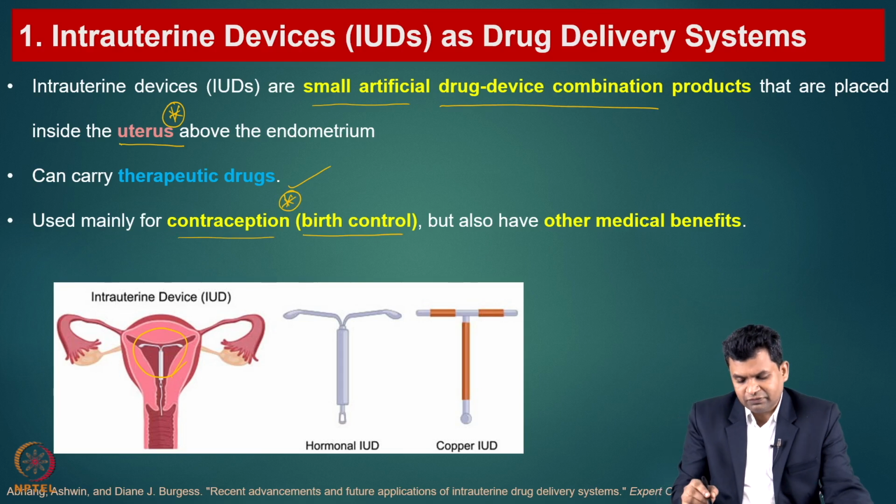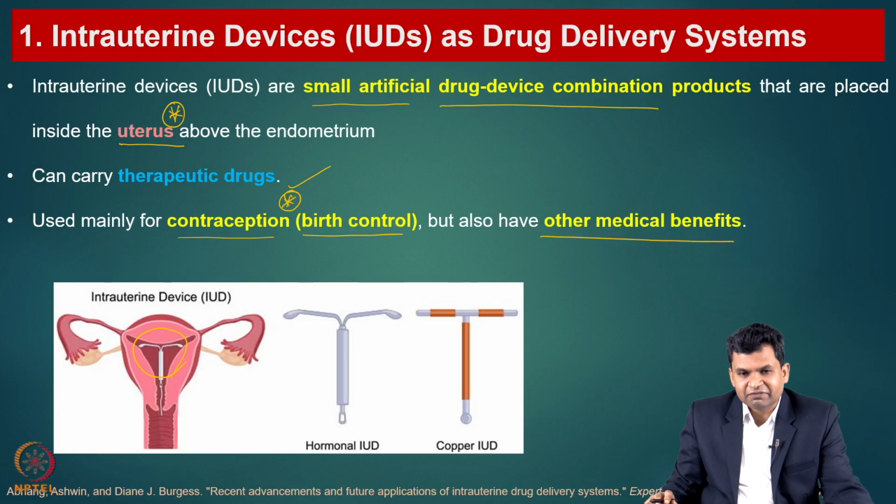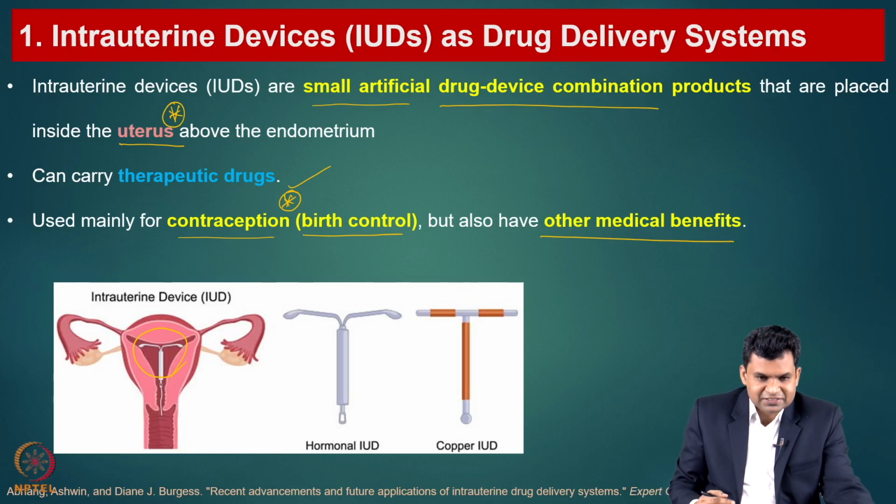Further we can also use these intrauterine devices for other medical benefits. We can use them for various endometrial disorders. It may be endometriosis, or endometrial cancers. In such cases we can use intrauterine devices.